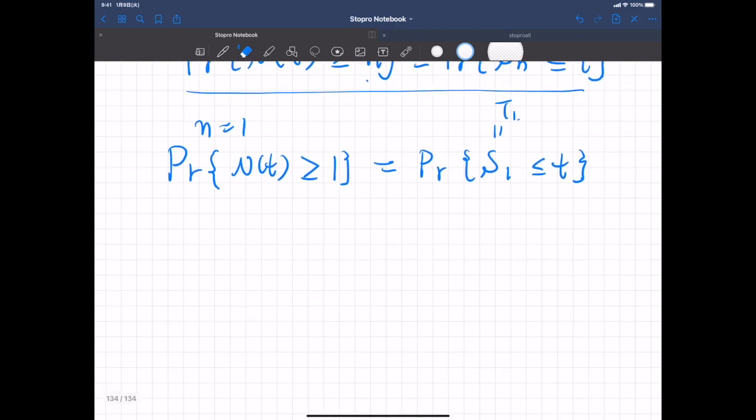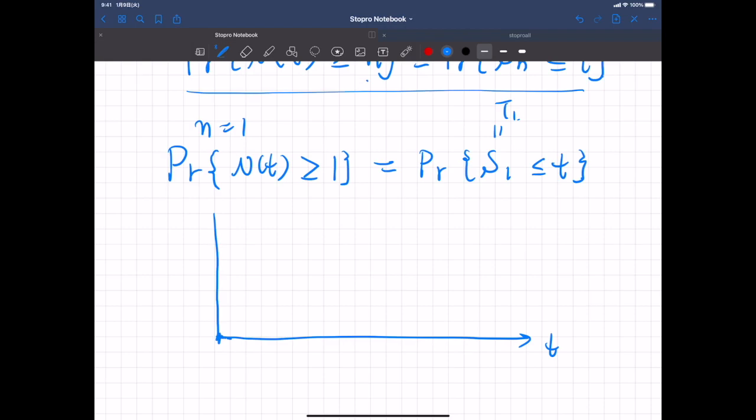So let's draw this graph. The first component starts from t equal to 0, and at some point there is one renewal. So this is the first renewal, and the time t is somewhere here. If the first renewal time, T1, is less than t, it is this situation.